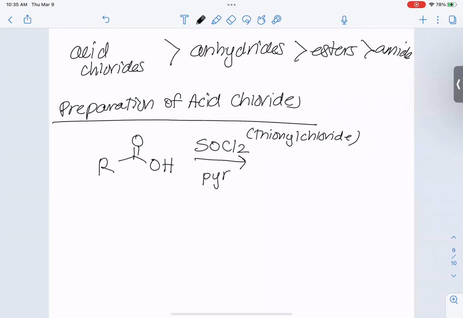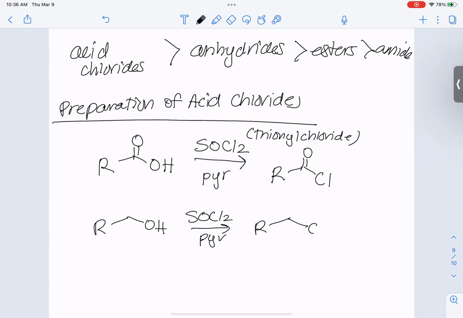And we need pyridine, okay? And you're just going to make an acid chloride. If you recall, we saw this reaction in organic 1 when you have an alcohol and you treat it with thionyl chloride, you make an alkyl chloride.